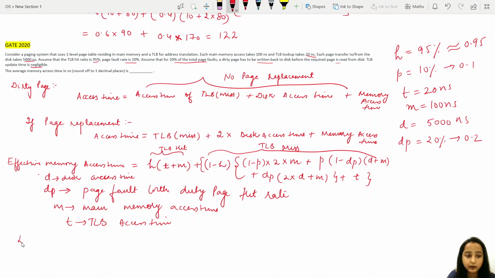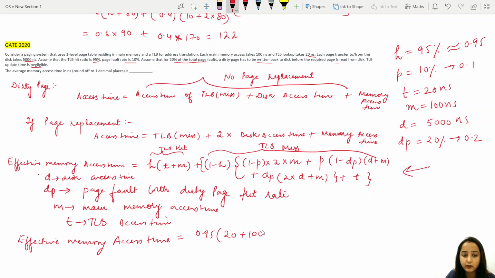So when you calculate the effective memory access time by putting all the values here, what will it be? h is 0.95, t is 20, plus m is 100, plus (1 minus h), that is 1 minus 0.95. Then 1 minus p, p is 0.1, into 2 into m, m is 100 nanoseconds.